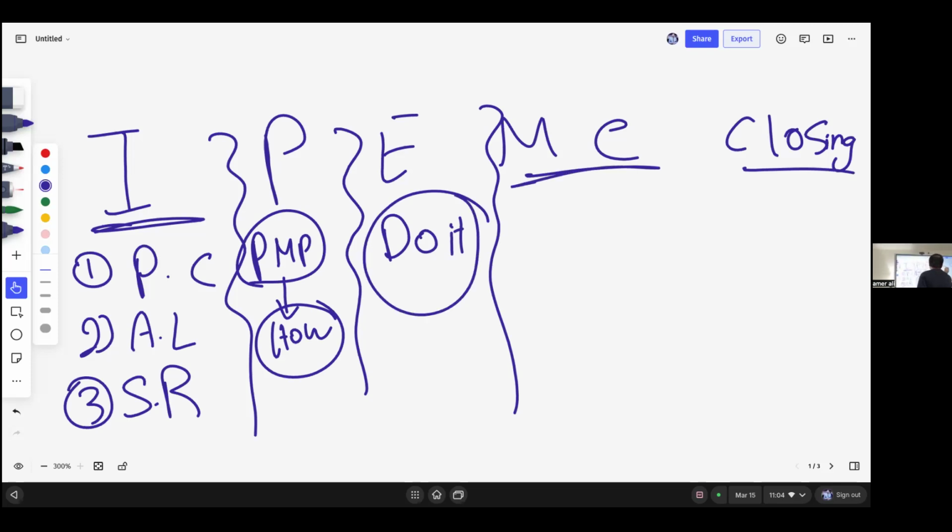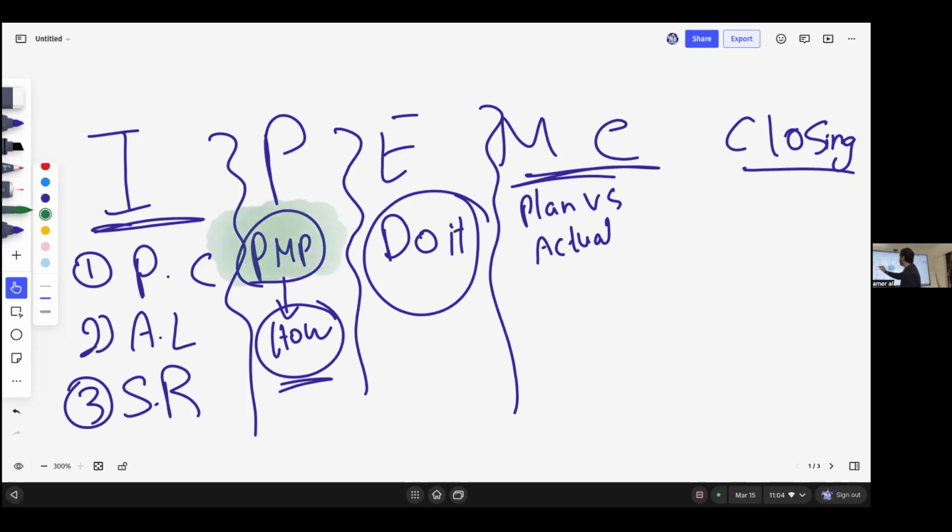In monitoring and control, we compare plan versus actual. Here we made the plan. Here, in execution, I don't review my plan, I just do it, straightforward.